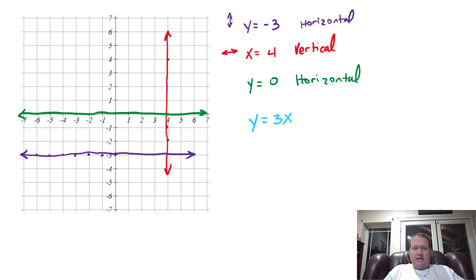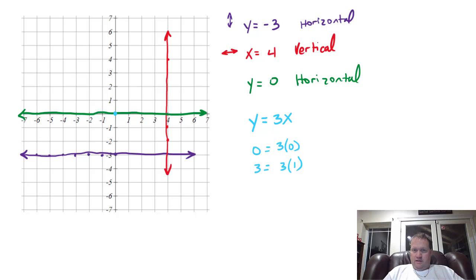Now, this is the only one that actually has a slope. We can make up a couple of ordered pairs and graph it. The first I know is that if x was 0, 3 times 0 is 0. So when x is 0, y is 0, and that dot is right there. This actually goes through the origin too. And what about if x was 1? If x was 1, then 3 times 1, y would be 3.